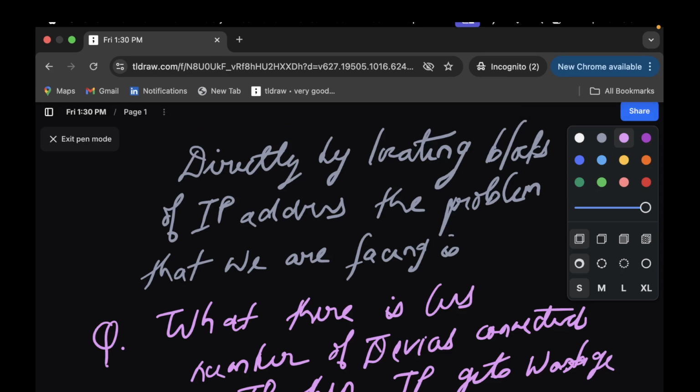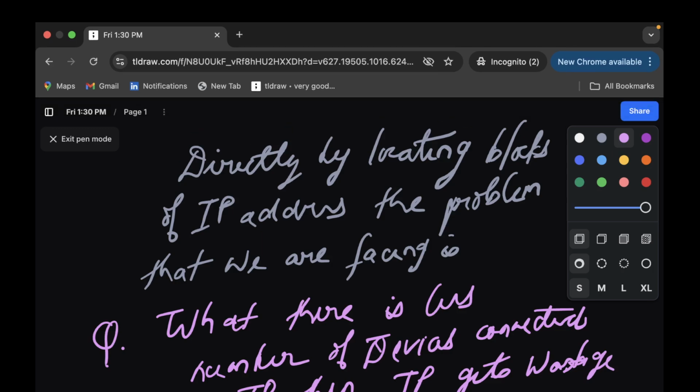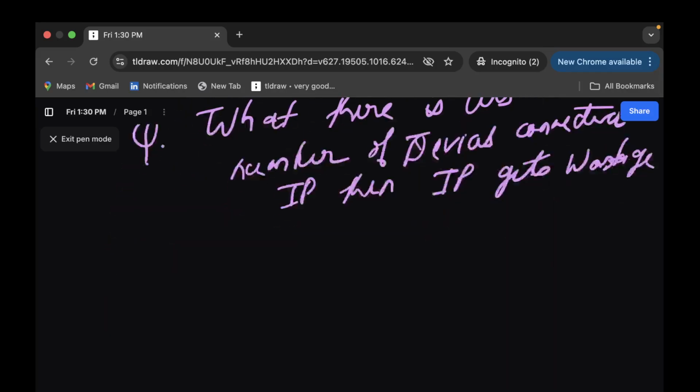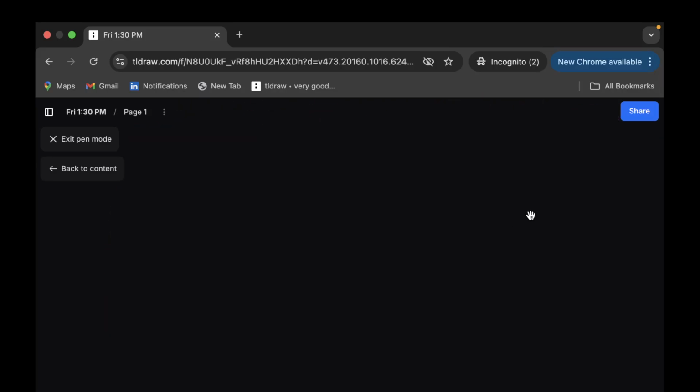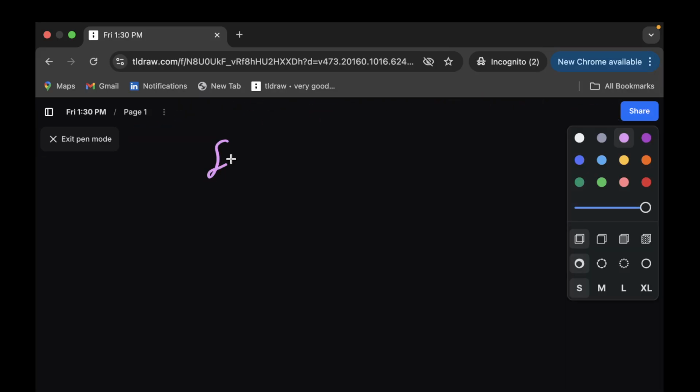So instead of directly allocating blocks, what we do is perform something called subnetting.